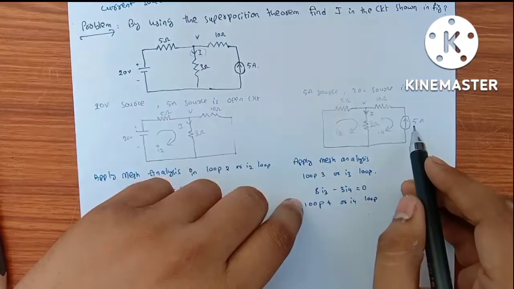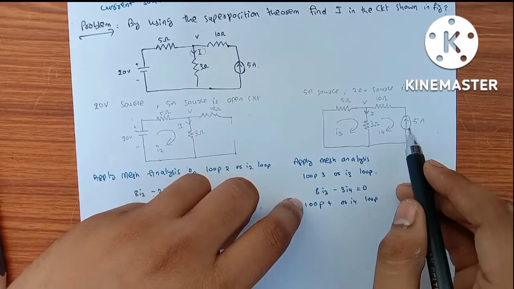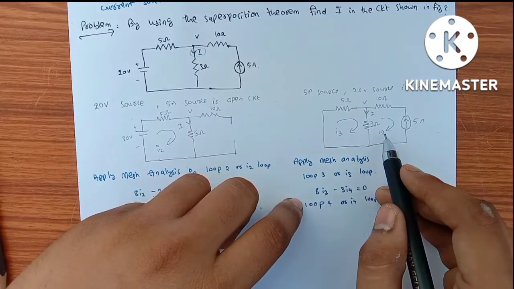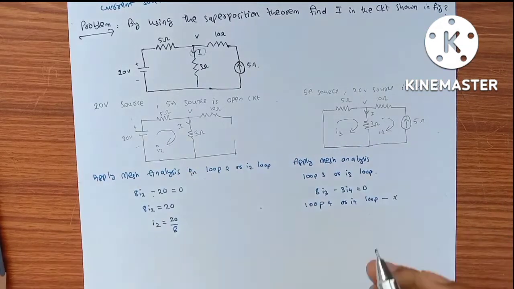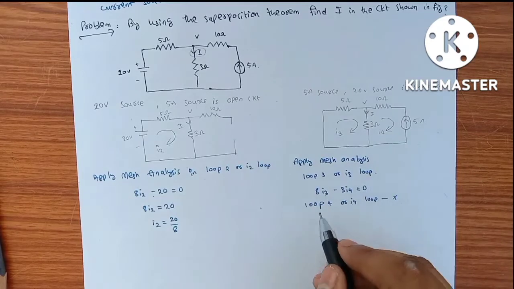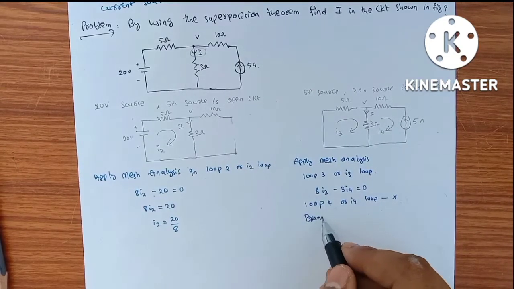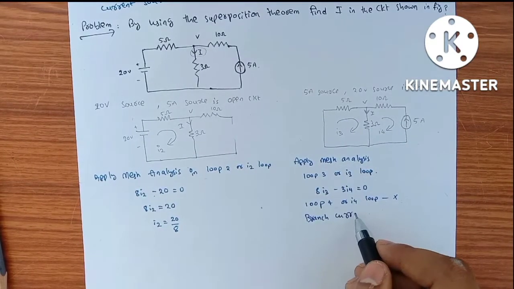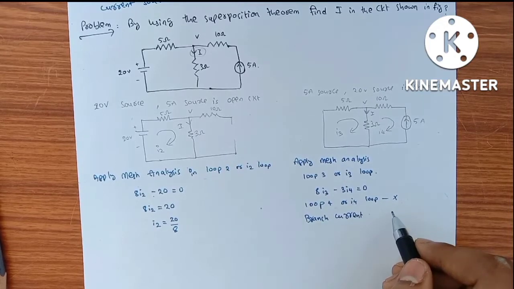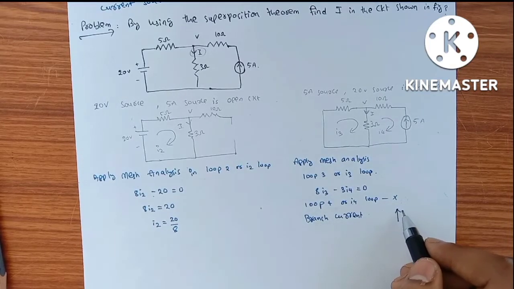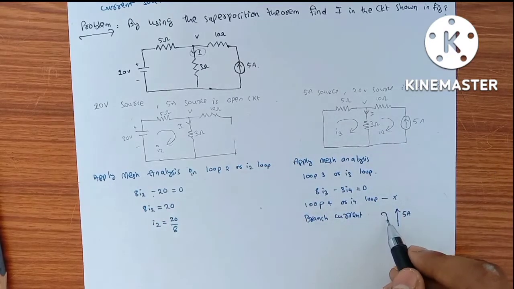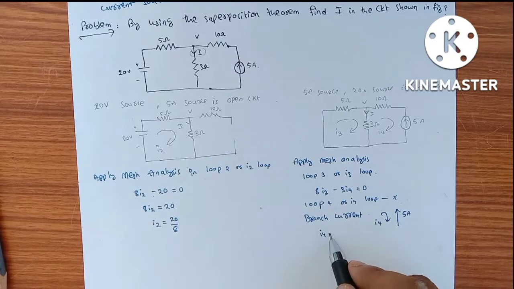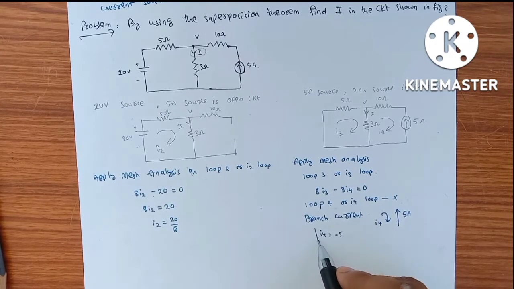Here the 5 amp current source makes trouble in writing the loop equation, so the loop equation won't work. Now I am taking branch current: the 5 amps is in this direction, and I4 is opposite to the direction of the 5 amps. So I4 equals minus 5.